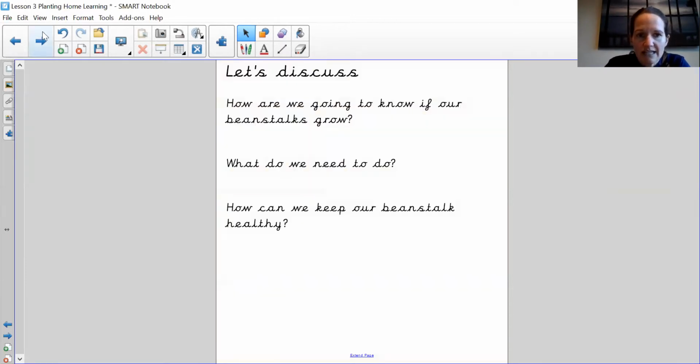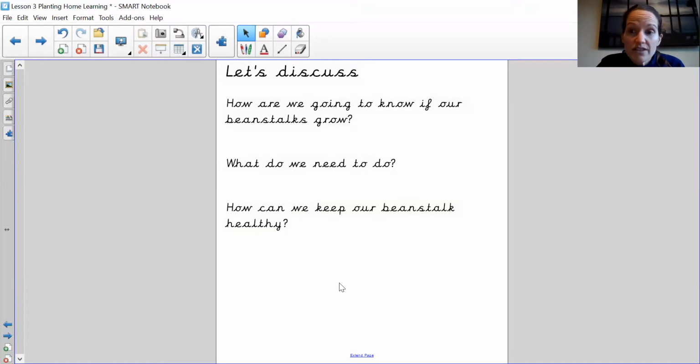So our next slide is, how are we going to know if our beanstalk is growing? What do we need to do? And how can we keep our beanstalk healthy? Have a think. Now, do I need to water my beanstalk every day and have a check? I do.